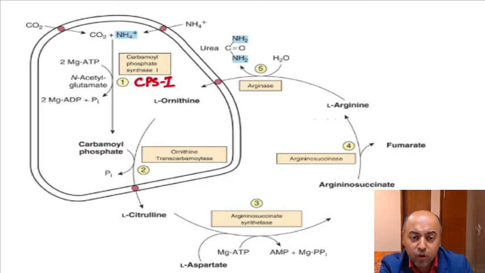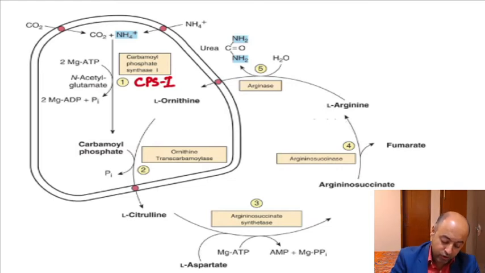So what to note? The enzyme is CPS1, N-acetyl glutamate is required, and 2 ATP are consumed, resulting in formation of carbamoyl phosphate.